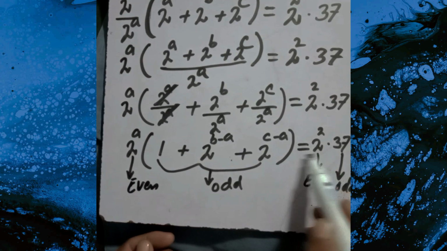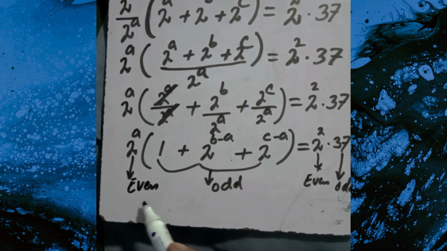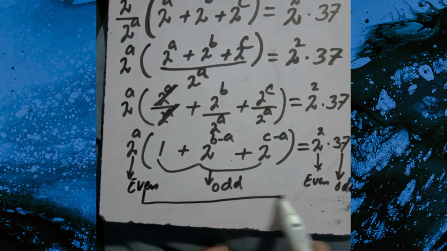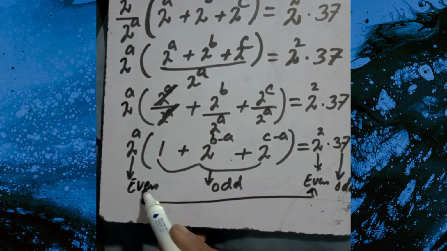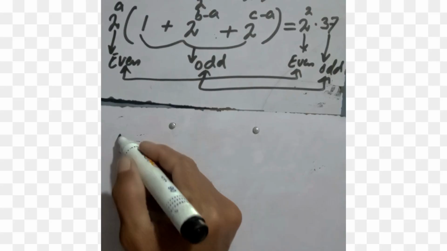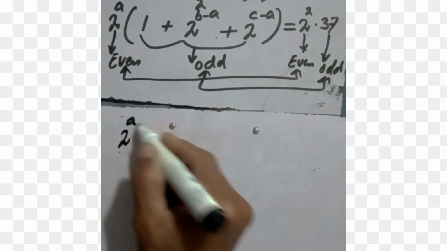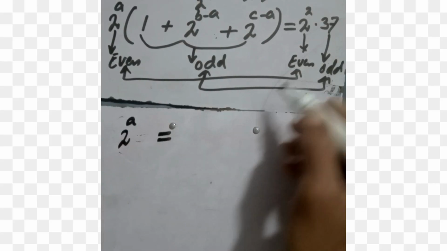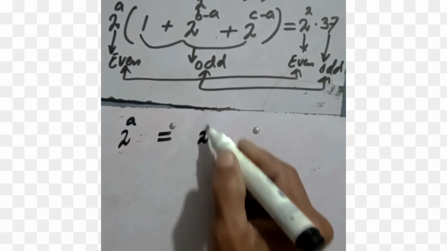According to the equality sign present here, we compare the even number to the even number and the odd number to the odd number. In this, even with even: 2 exponent a is equal to the even number, which is 2 exponent 2.